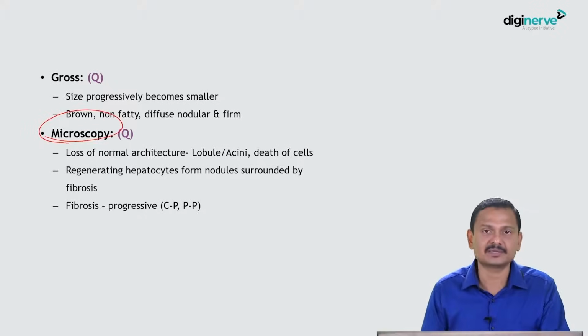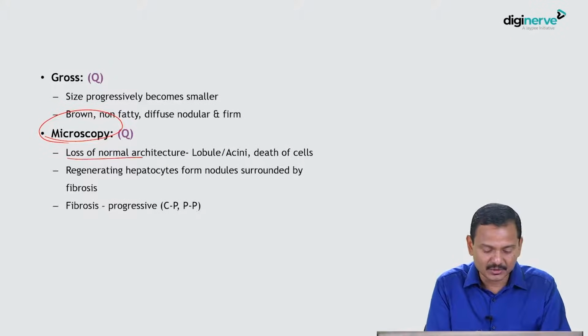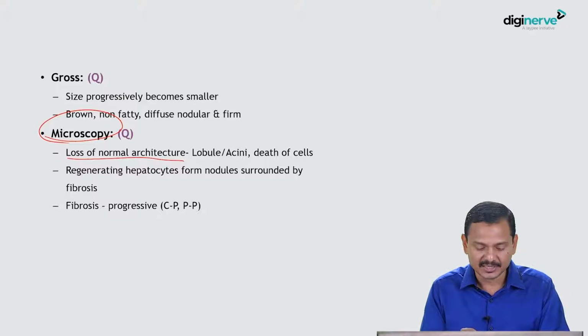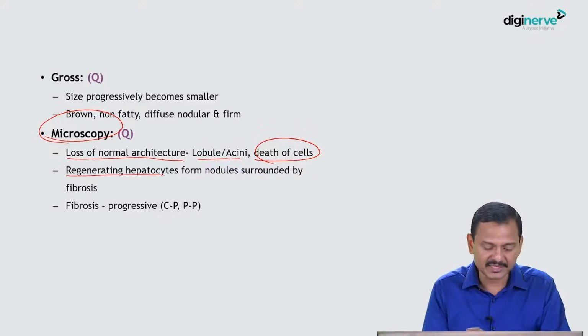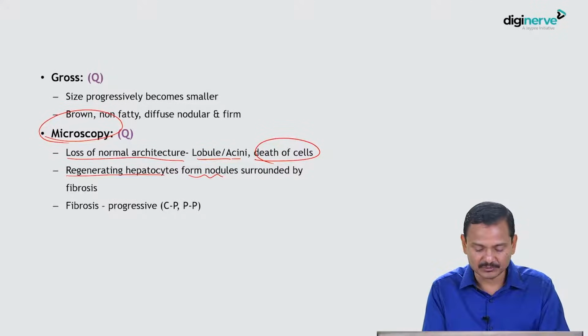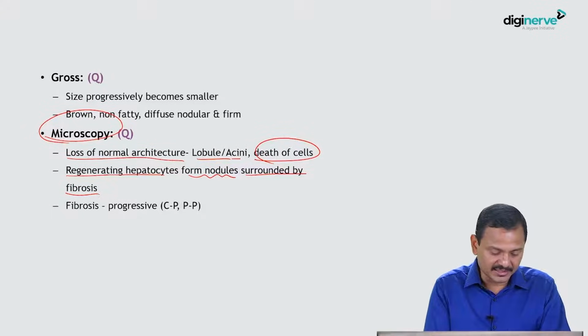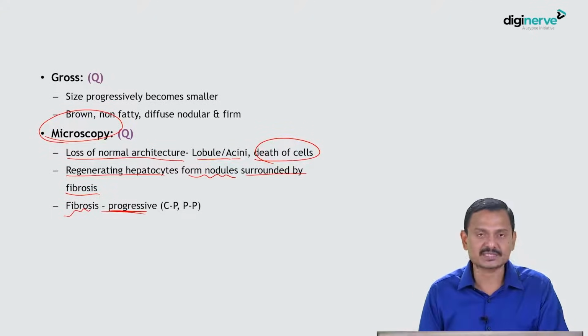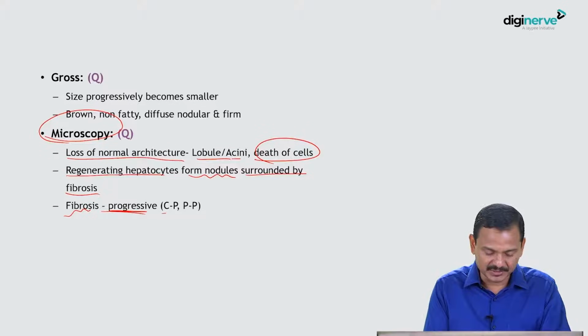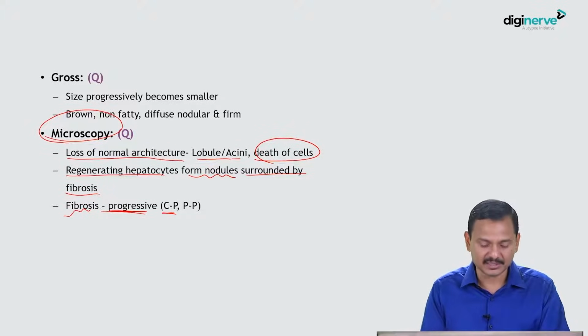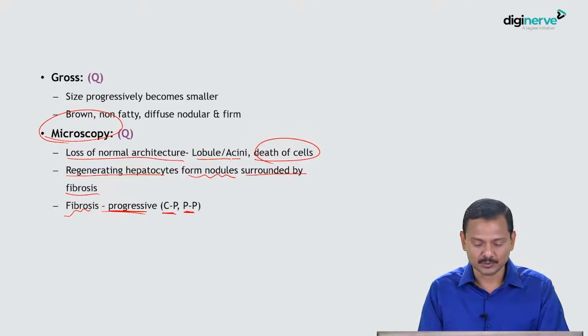When we examine under the microscope, you will find loss of normal architecture in the form of lobules and acini, because of the death of cells. Then there will be regenerating hepatocytes which will form nodules, surrounded by fibrosis, and this fibrosis is progressive. It can be from central vein to portal tract as well as portal tract to portal tract.